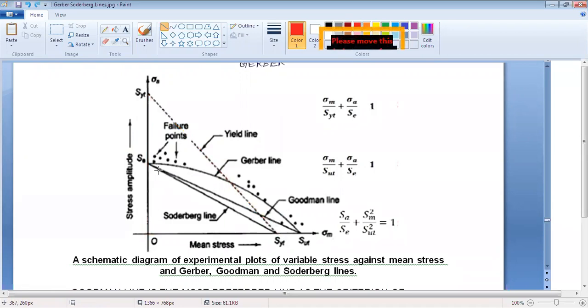But now this is the line for the fluctuating load. Any load below this, we are fine from the fluctuating load, right?